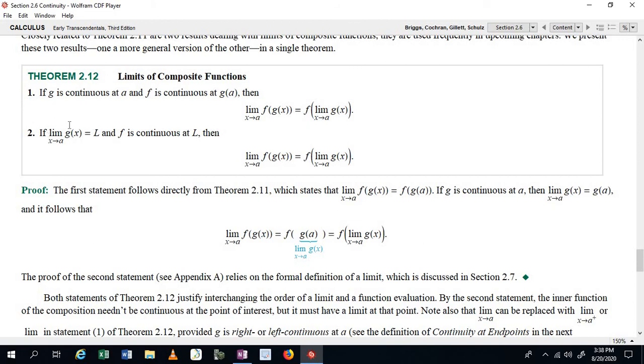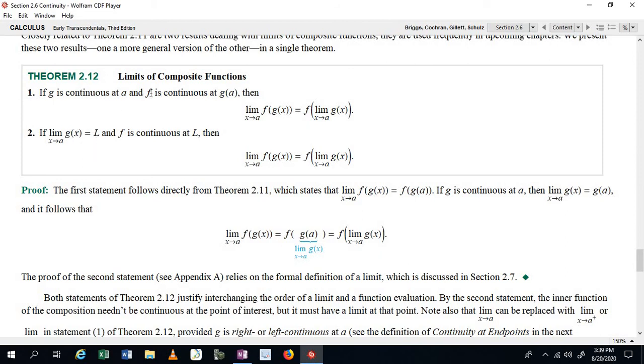But what this says is we don't even need it to be g of a. We just need it to equal some number L, not necessarily g evaluated at a. So it loosens this condition here. This is kind of a stronger condition. This one's a bit looser. This limit does not have to necessarily be equal to g of a like it is up here. It just needs to be equal to some number L.